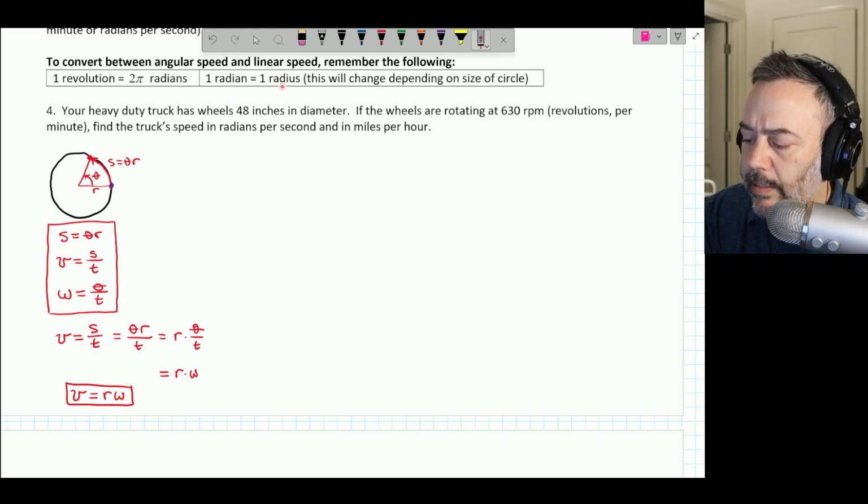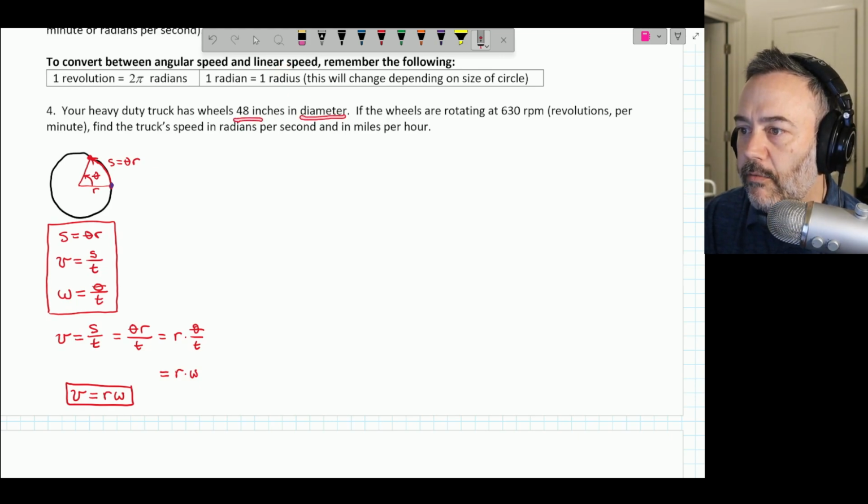So 1 radian is 1 radius. So let me say that again. 1 radian is equal to the length of 1 radius. So in this case the diameter is 48, so the radius is 12.